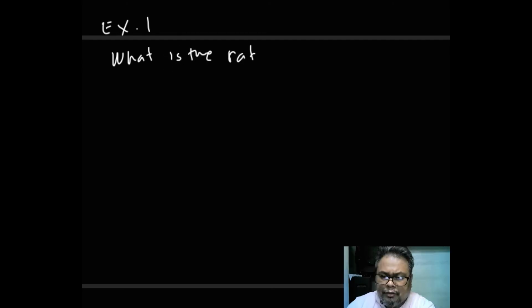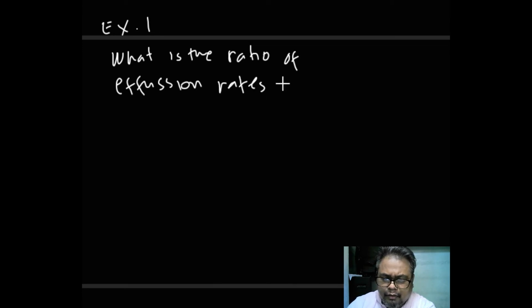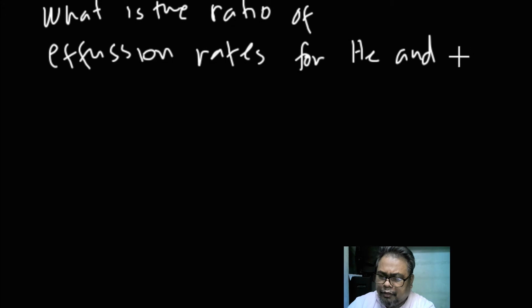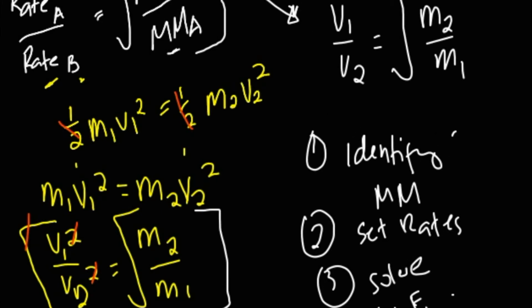So what is the ratio of effusion rates for helium and neon? Alright, so before we solve this problem, let us remember the 3. Identify the molar mass, set rates, and then apply Graham's law.